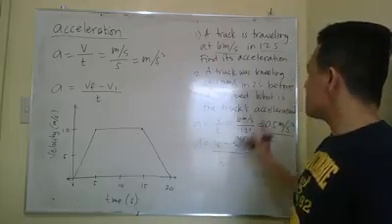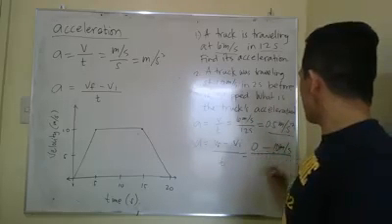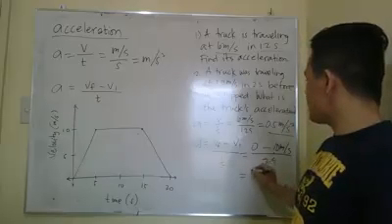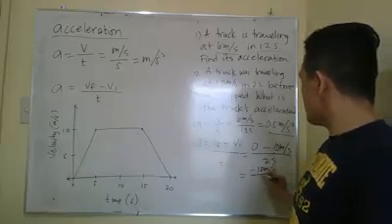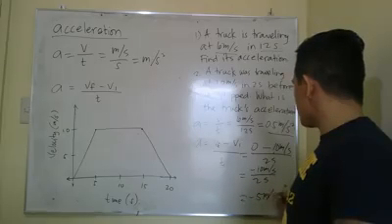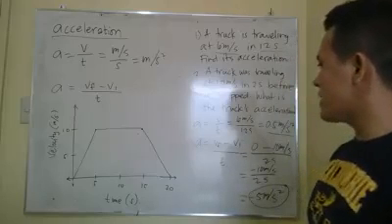Minus the initial velocity, which is 10 meters per second, over 2 seconds. So we have negative 10 meters per second over 2 seconds, that is negative 5 meters per square second. That's the acceleration of the truck before it stopped.